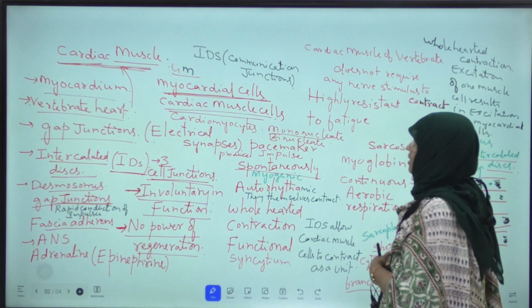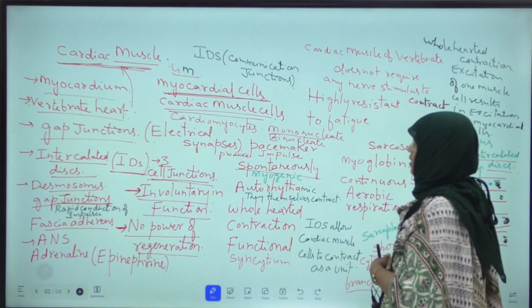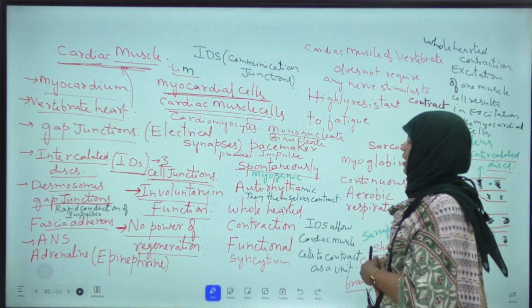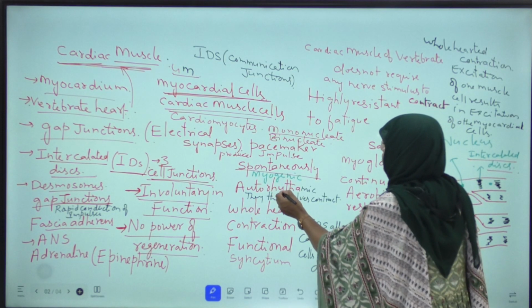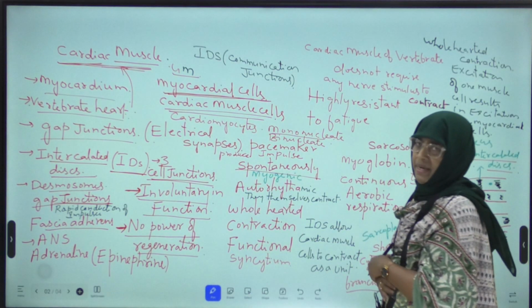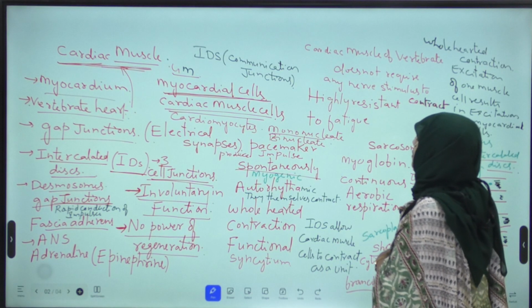Cardiac muscle cells are made up of cardiomyocytes. For the stimulation of cardiac muscle, there is no requirement of external stimuli, so they are autorhythmic. Cardiac muscle acts as a pacemaker. What is a pacemaker?